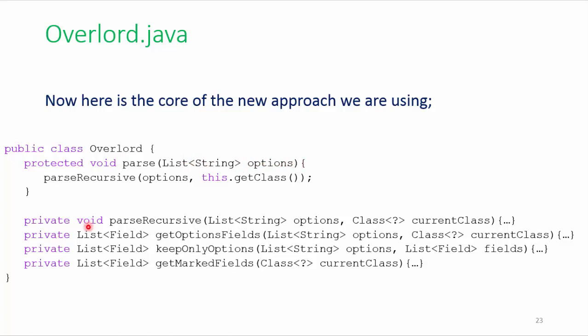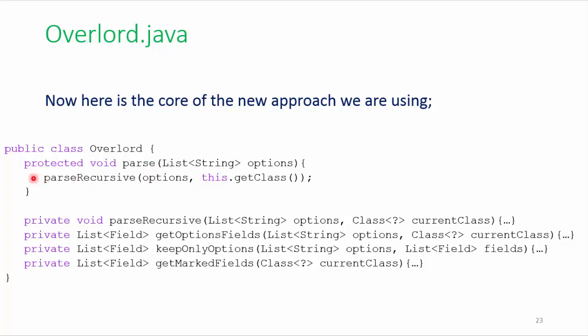And then we have 1, 2, 3, 4 helper methods that are private to Overload. So that means that the classes that inherit from Overload, BaseAlgorithm and all its subclasses, are going to be able to call parse, but nothing else. And those 4 methods are just used for us to simplify the implementation of parse and decompose it.